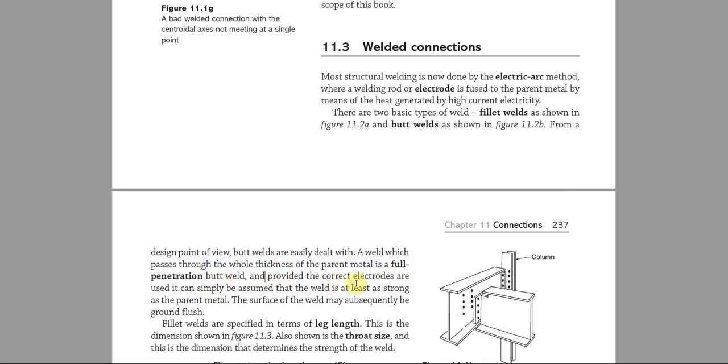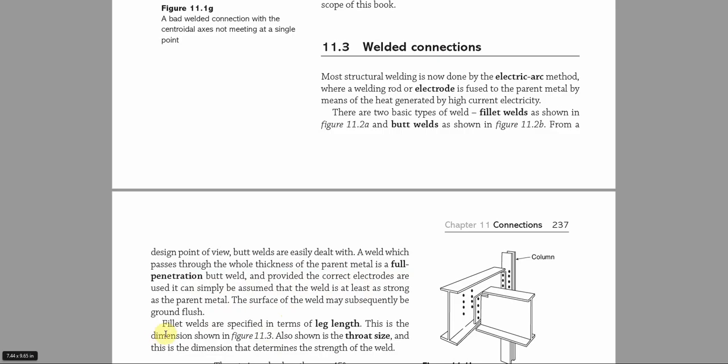Provided the correct electrodes are used, it can still be assumed that the weld is at least as strong as the parent metal. That is, when the welding joints are well done, the added material behaves like the parent one.